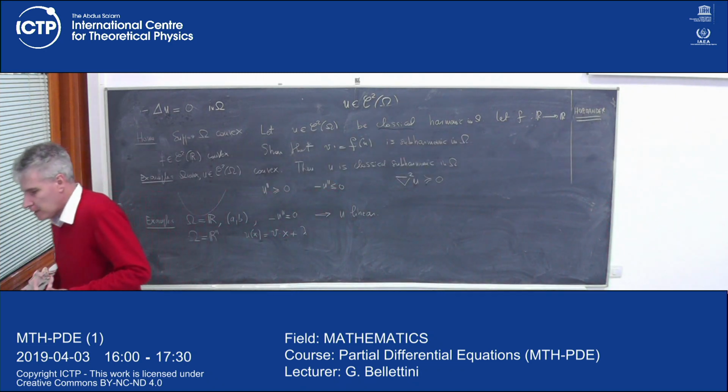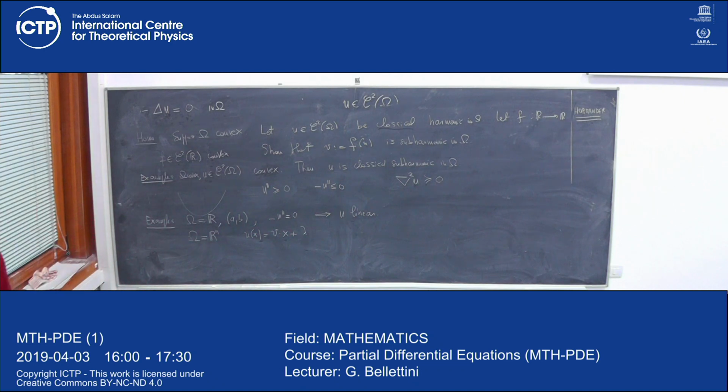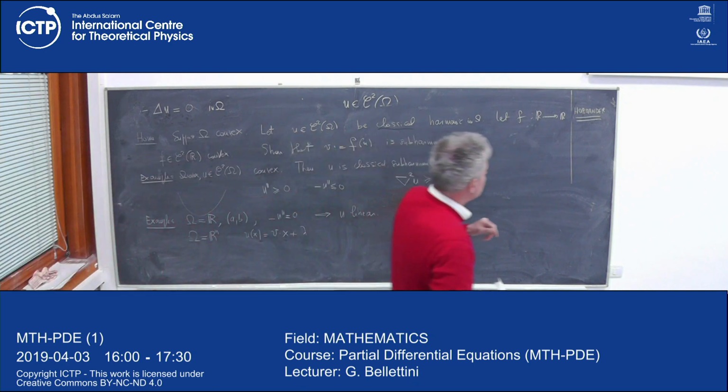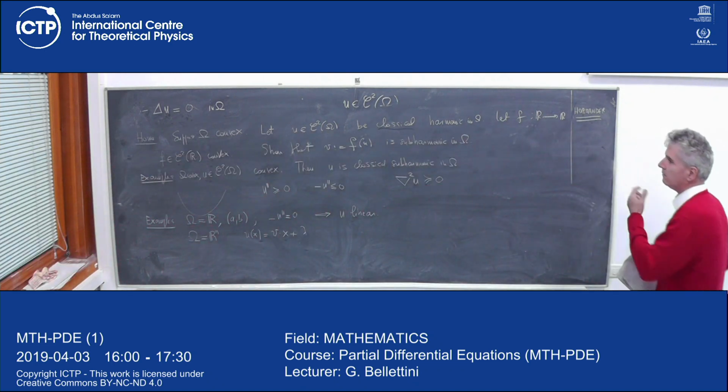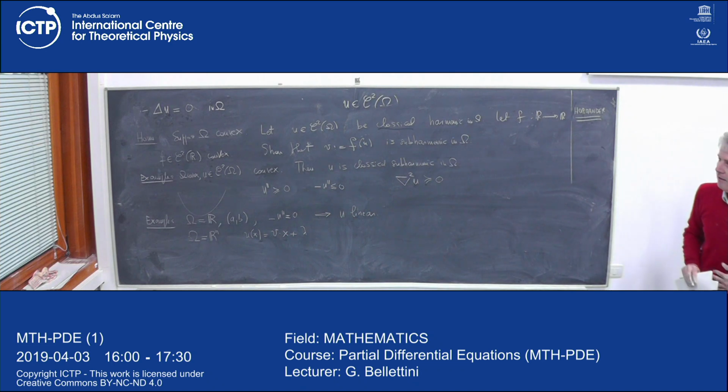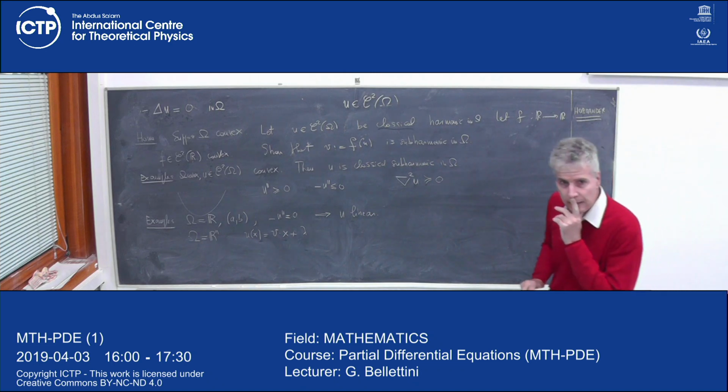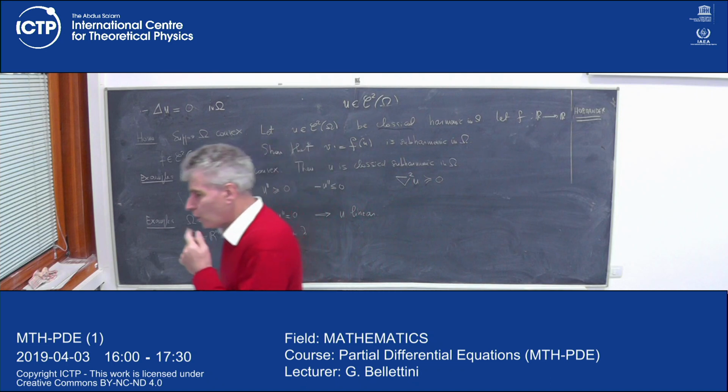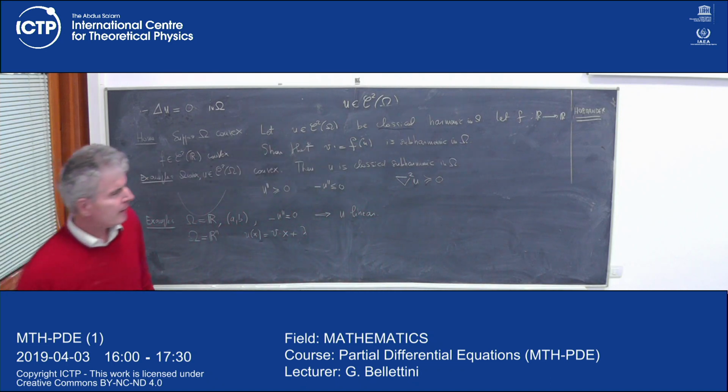Now, there are various ways to define subharmonicity, and if you look, for instance, in certain books, the very definition of classical harmonic is just its average. Well, I think we will see this.